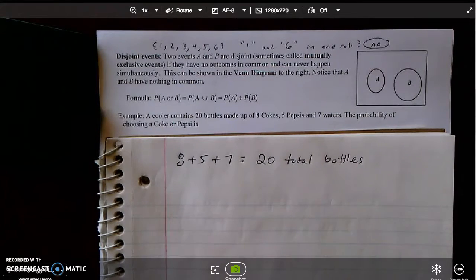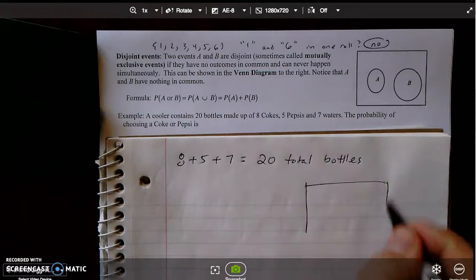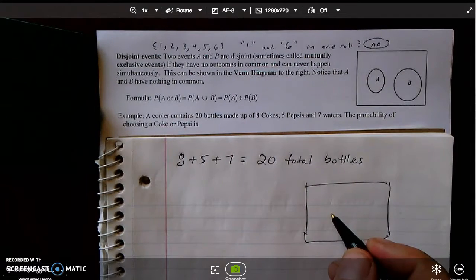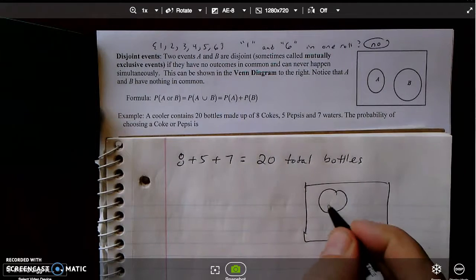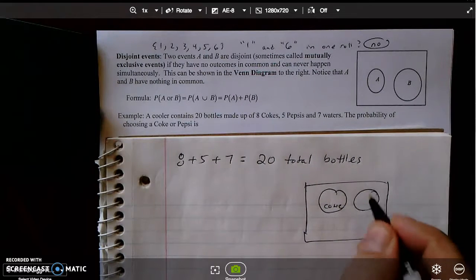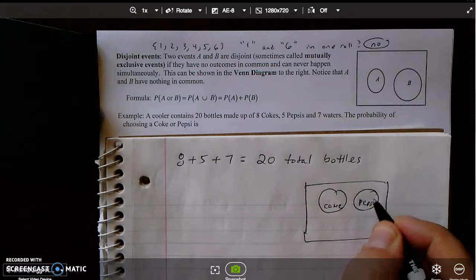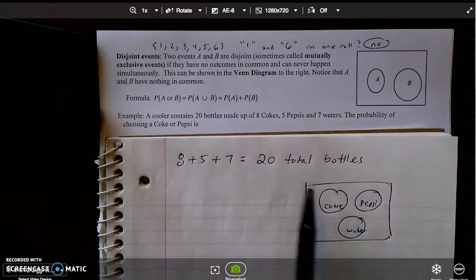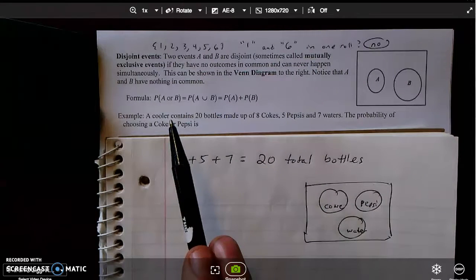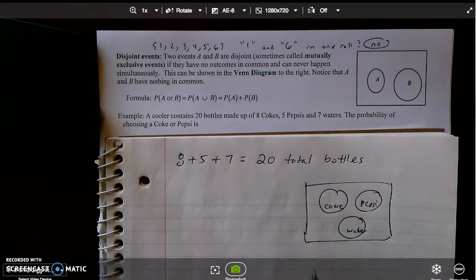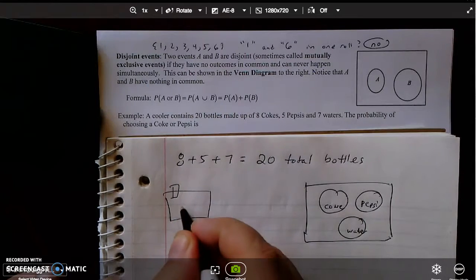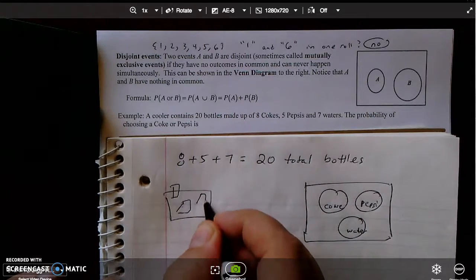If I made a picture of this, what are the three options I have? I have Coke, I have Pepsi, and I have water. In one grab into this cooler, here are my drinks in there, my Pepsis, my Cokes, my waters.